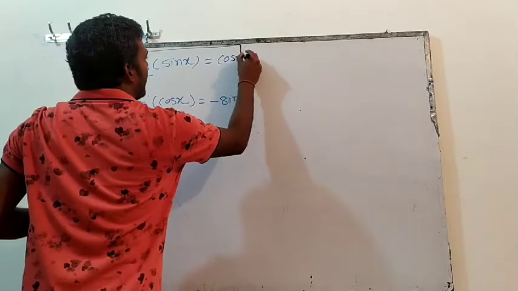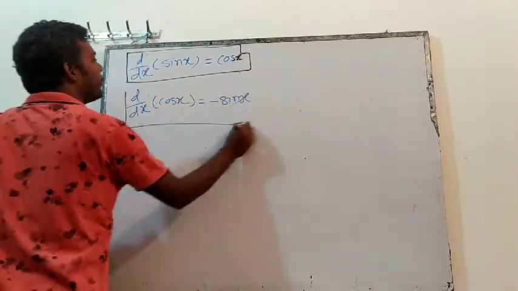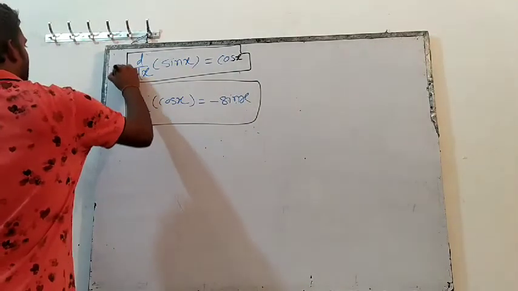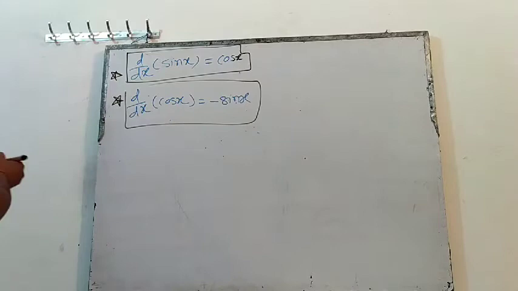Both formulas are very important. Differentiation of sin x is cos x, and differentiation of cos x is minus sin x. Make a star mark on your notes and memorize it.